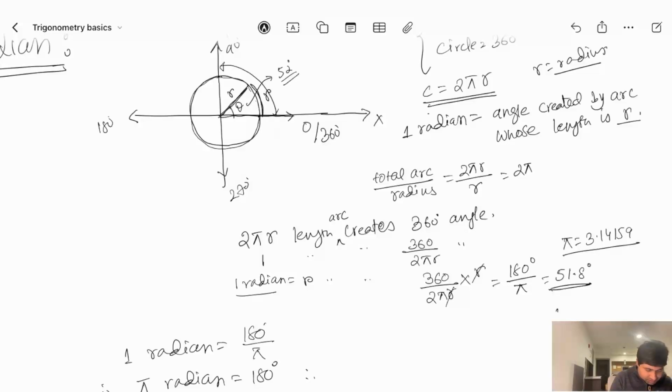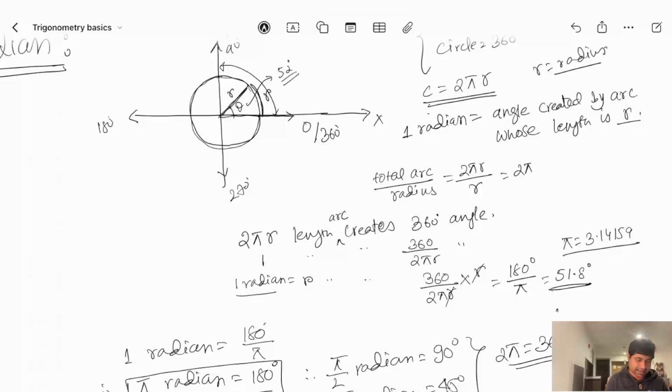You can simply say pi by 2 radian is 90 degree, pi by 4 radian is 45 degree, and 2 pi represents 360 degree, right? So all the things you can measure in terms of radians now. That is a very meaningful way to represent an angle.